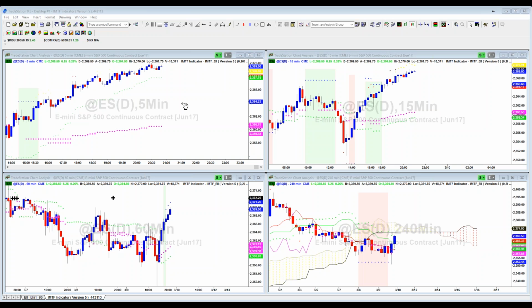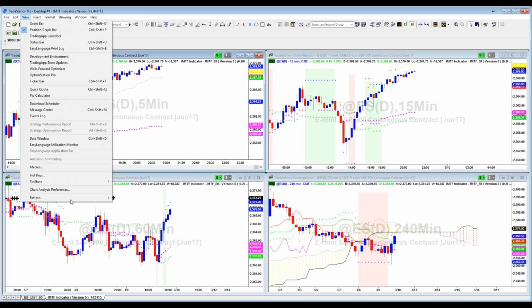The key thing here is that if you format these indicators, it tells you how many bars you go back and so forth. Okay. Actually, one thing I can do is I could cheat. If you go to chart analysis preferences, it's going to give you this little screen here, and I'm about to take a snapshot of it.